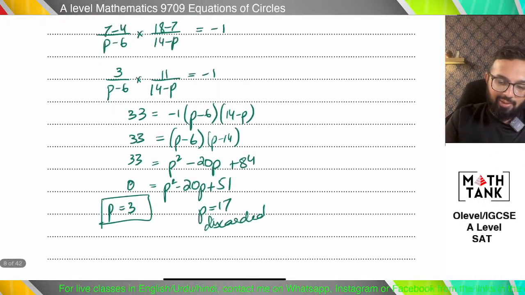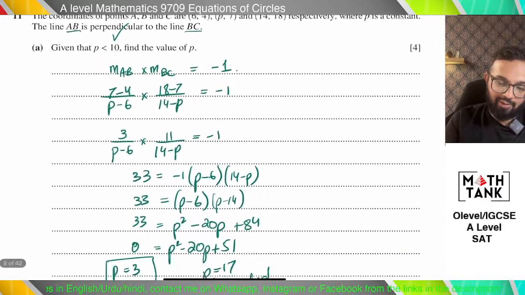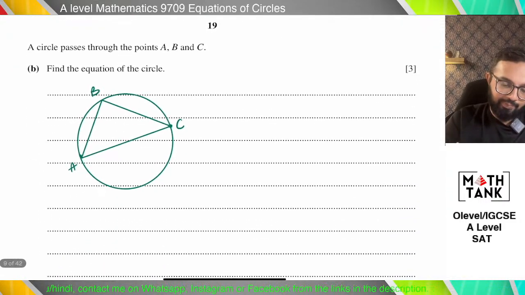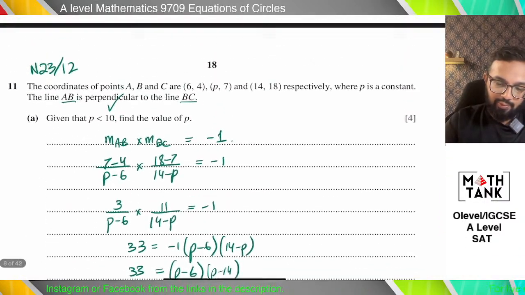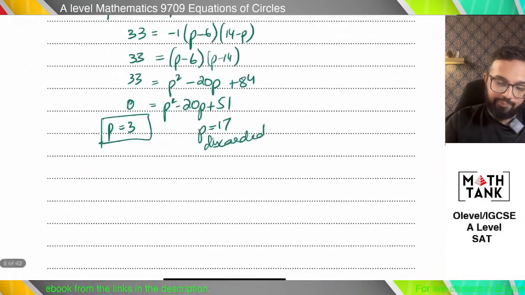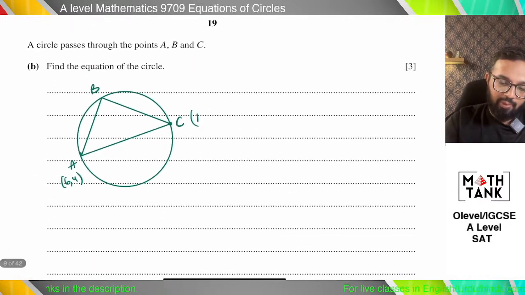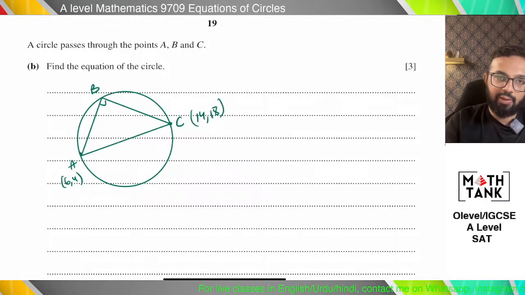Okay, A is 6, 4, and C is 14 and 18. That automatically means that AC should be the diameter of the circle. Then you calculate the midpoint.